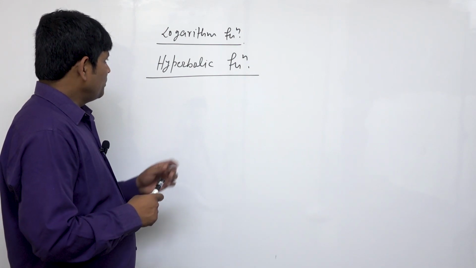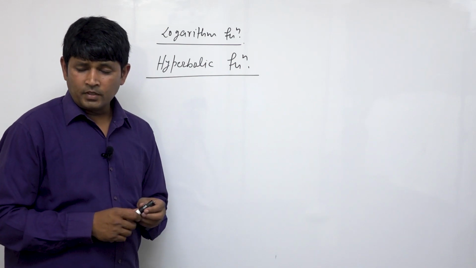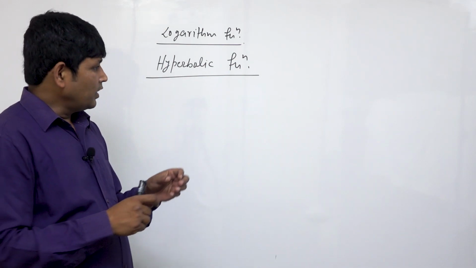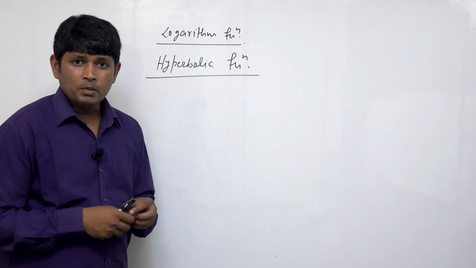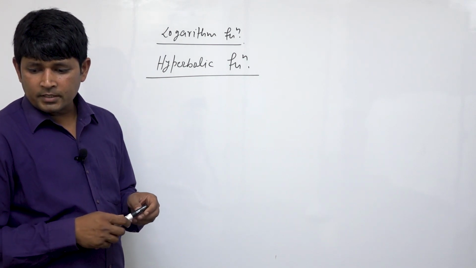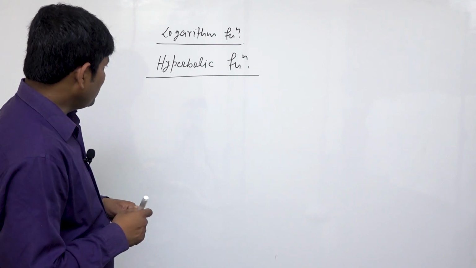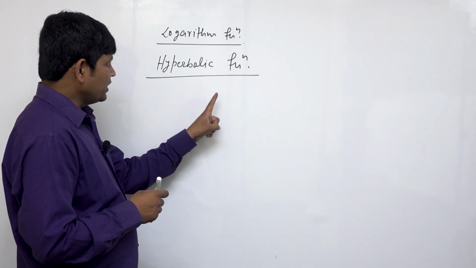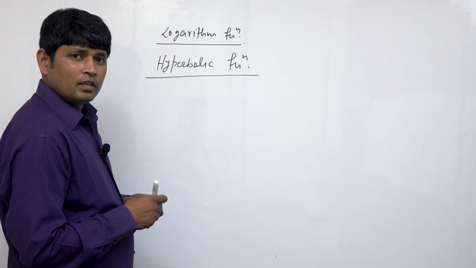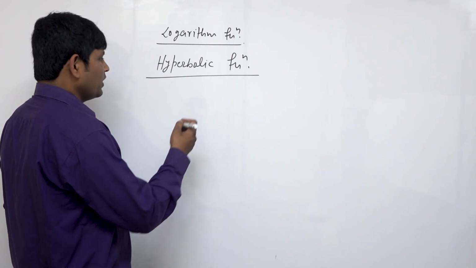To define hyperbolic function, exponential functions play a different role there. So hyperbolic function is a new type of function found by the use of exponential function.